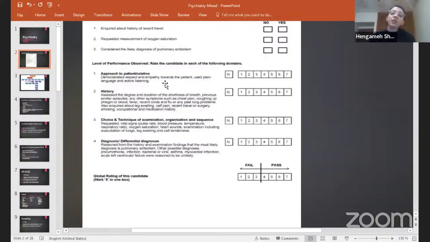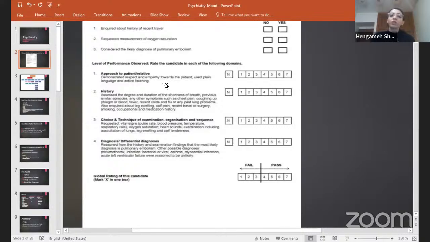These are the little hidden points that increase our mark in the approach domain. Whereas a lot of tutors, a lot of courses just mention that empathy is what increases our mark in the approach to the patient domain. But that's only a part of it. Approach is by no means limited to empathy.